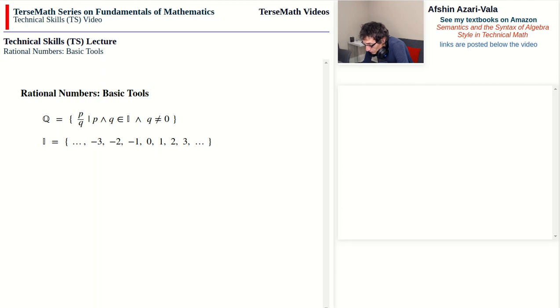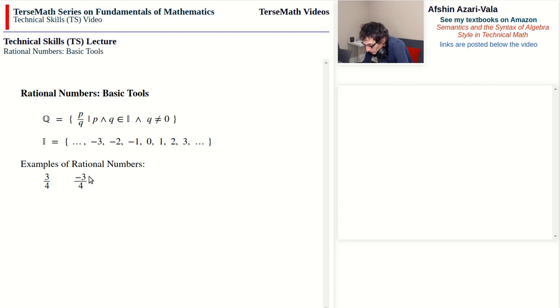As examples of rational numbers, we have 3 over 4. You notice that both 3 and 4 are in I. They are integers. So that satisfies the condition p and q are integers. And the bottom number is not zero. -3 over 4 is also a rational number.